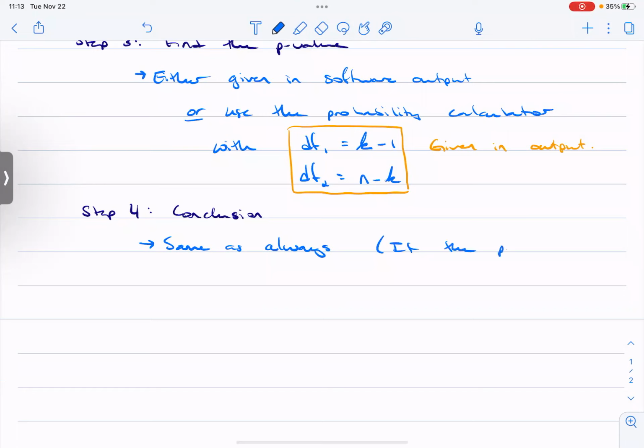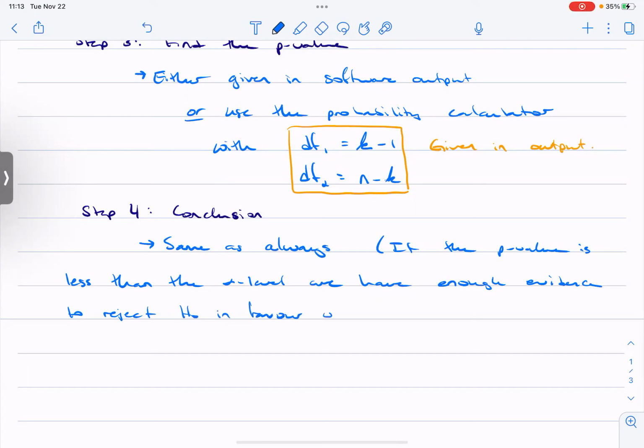If the p-value is less than the alpha level, we have enough evidence to reject H0 in favor of HA. And then what does that mean in terms of the question?